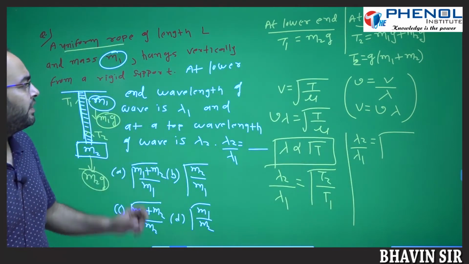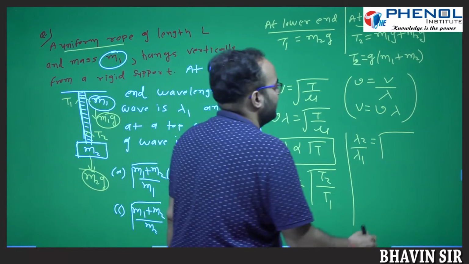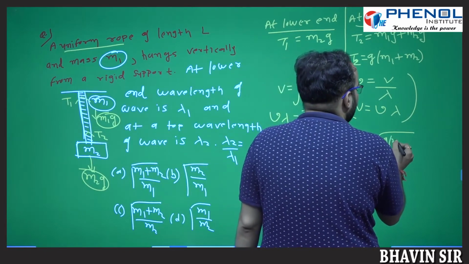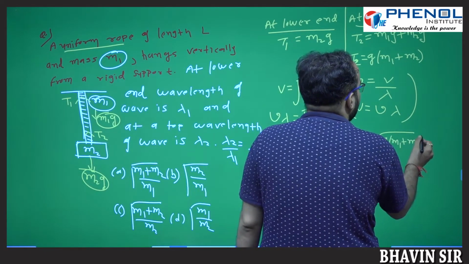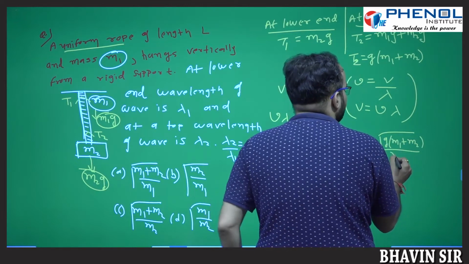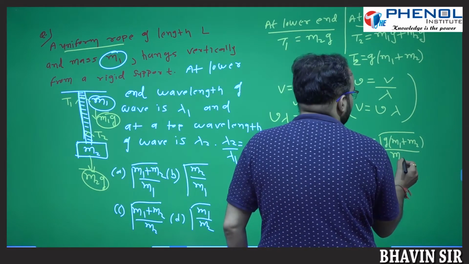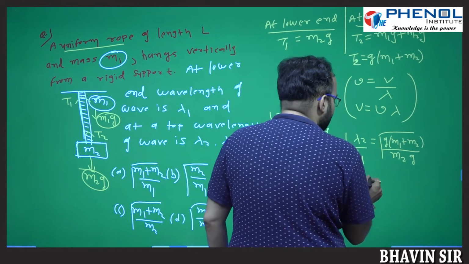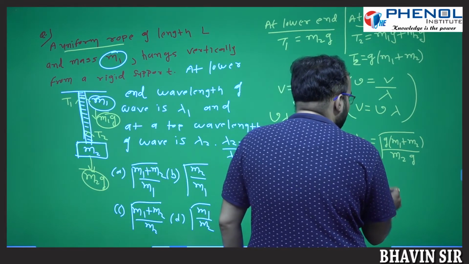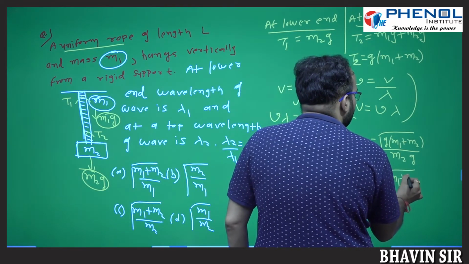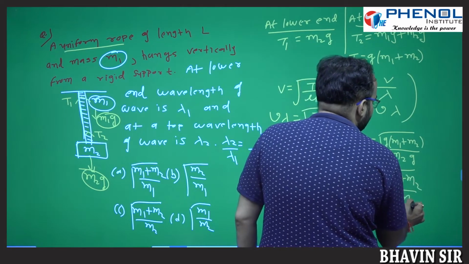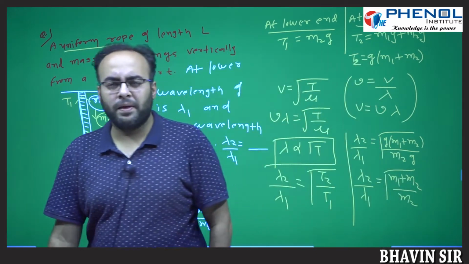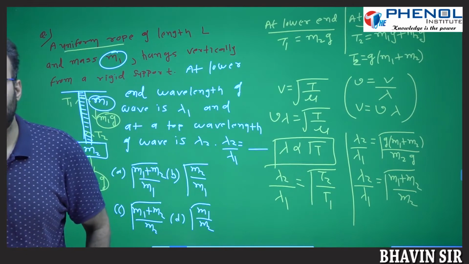What is the answer of T2? G times M1 plus M2. What is the answer of T1? M2G. G and G cancel. So lambda 2 by lambda 1 is equal to, chalo, clear students?